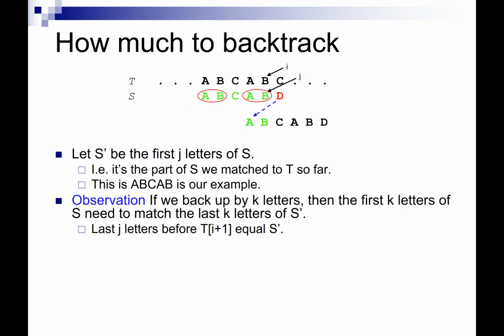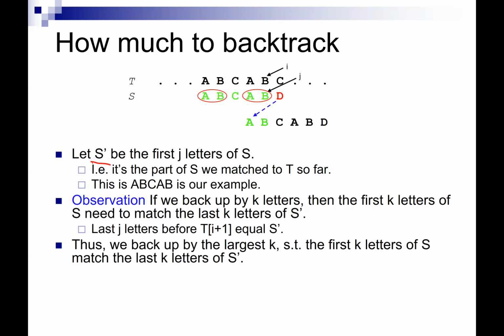Then what we said is that in order to back up S by K letters, we want the first K letters of S to be equal to the last K letters of S prime. In this case, the first 2 letters, A, B, are equal to the last 2 letters of S prime.